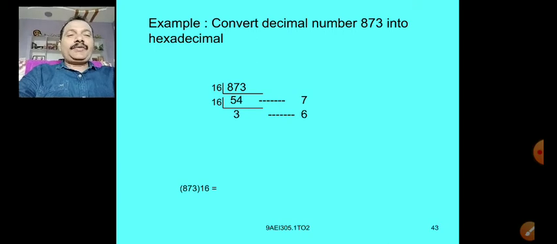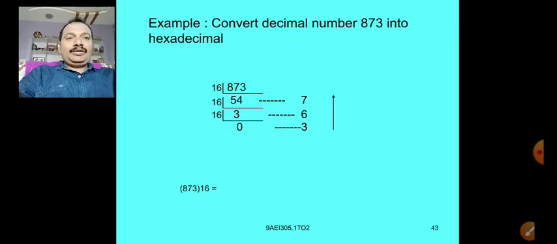Once again divide 54 by 16, you will get quotient 3, remainder 6. Next, once again divide quotient 3 by 16, 16 zeros are possible, hence the remainder is 3. Then you have to write all the remainders from bottom to top.